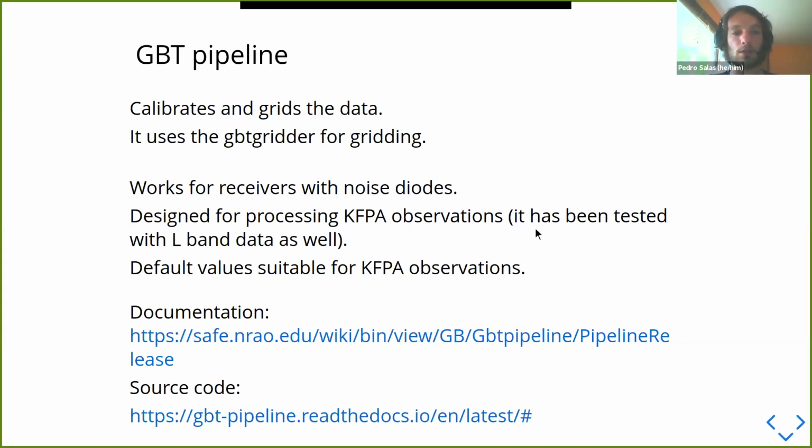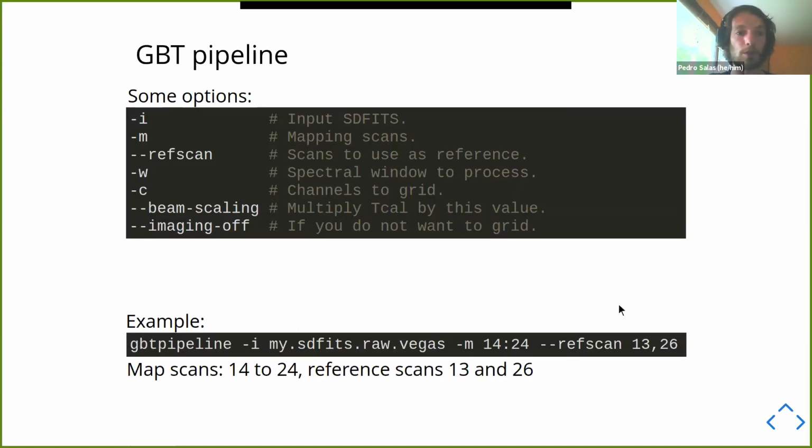And this is really nice because you can get a quick view of what your map looks like without having to spend a lot of time doing things by hand. The documentation can be found here, and the source code is also available in case you want to dig deeper into it. I'm just going to give some of the basic options for the pipeline.